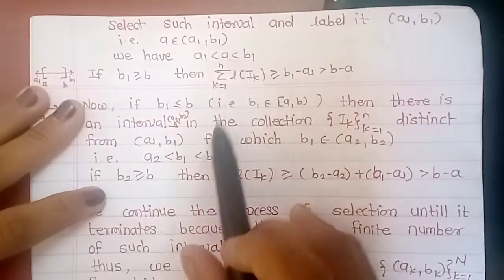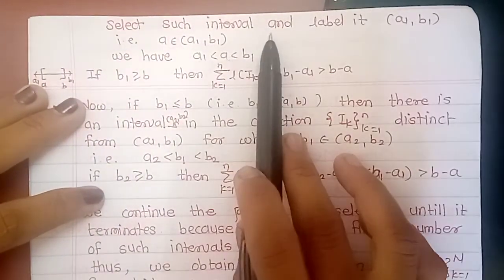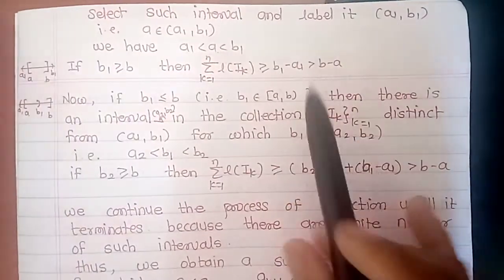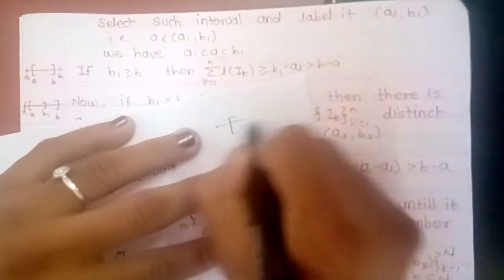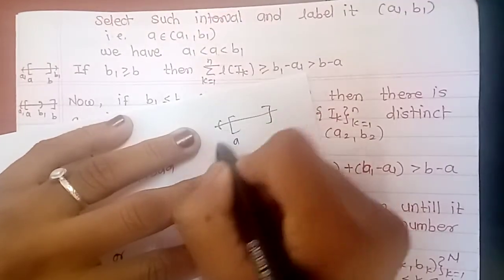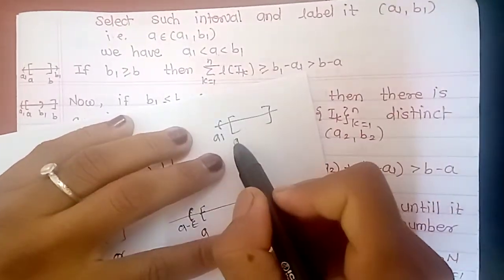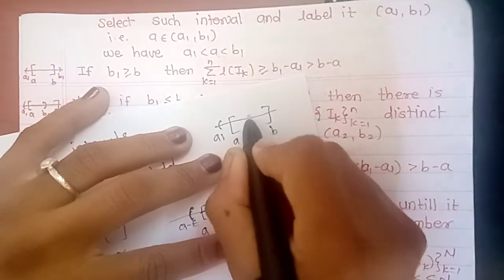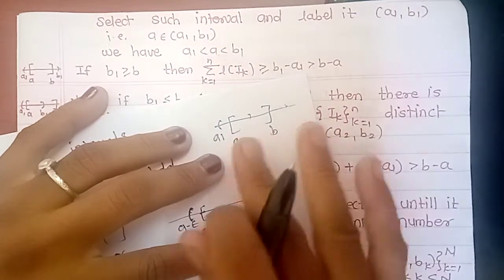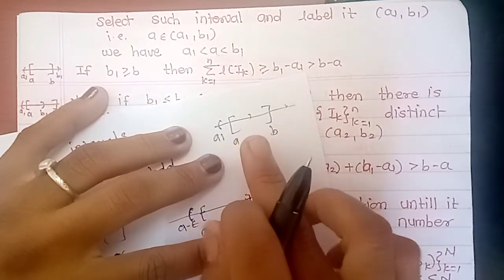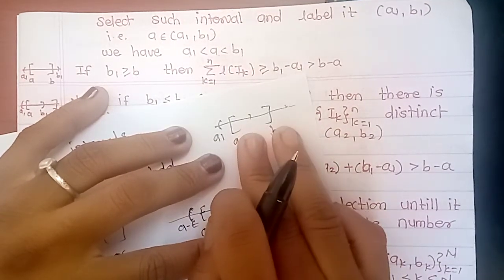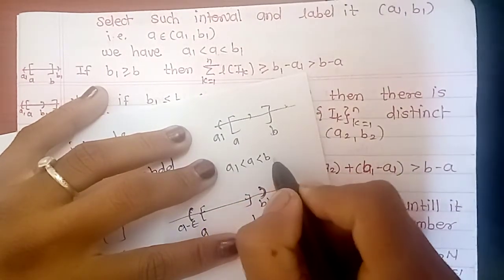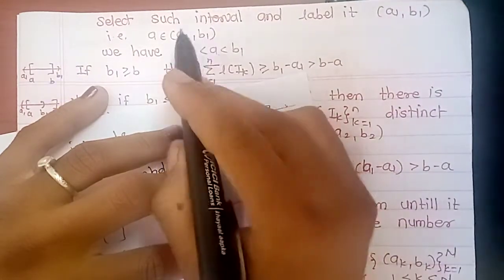So as a belongs to one of the intervals, I choose such an interval and label it (a_1, b_1), such that a belongs to (a_1, b_1). But where is b_1? b_1 is either less than b or greater than b. So here we come across two cases: b_1 greater than or equal to b, and b_1 less than or equal to b. As a_1 is less than a which is less than b_1, because a belongs to (a_1, b_1).